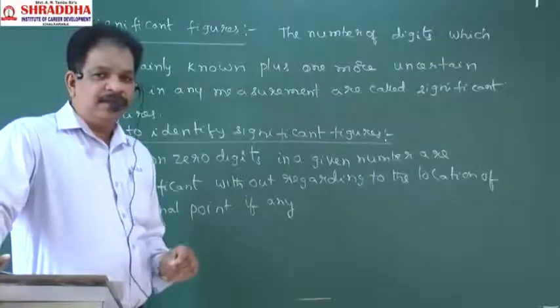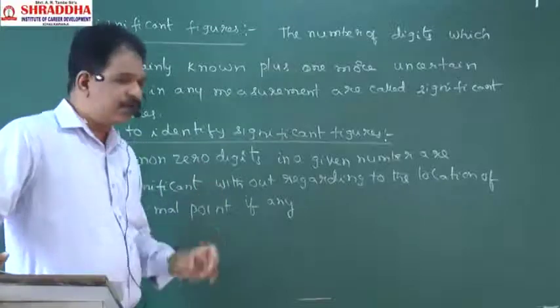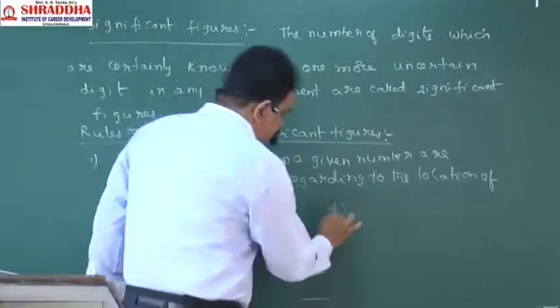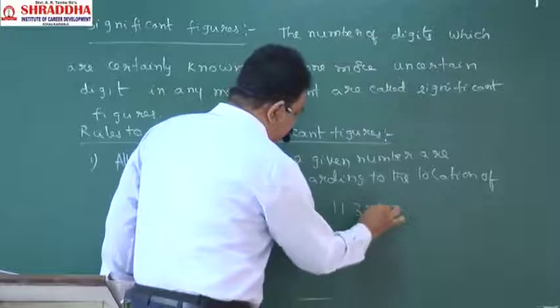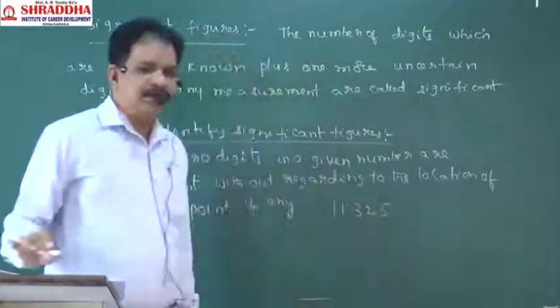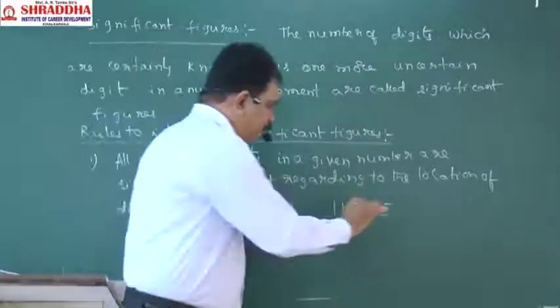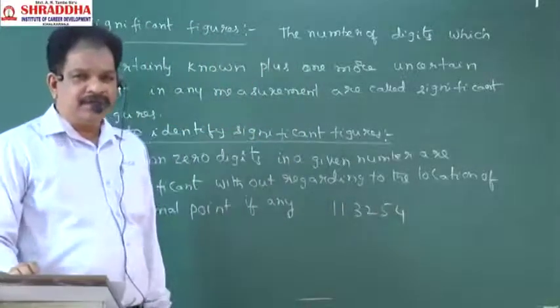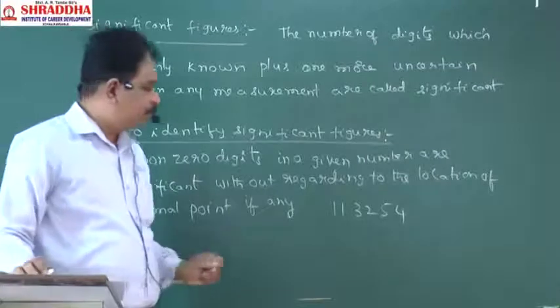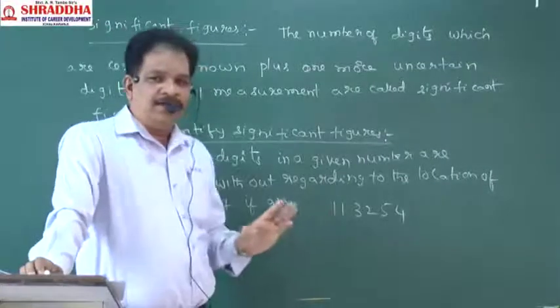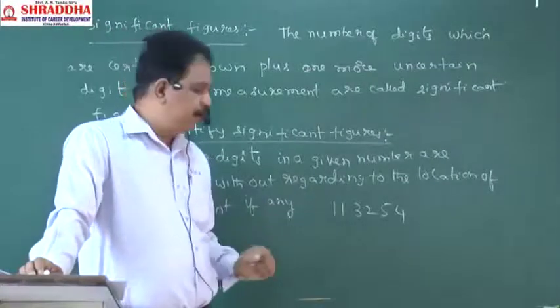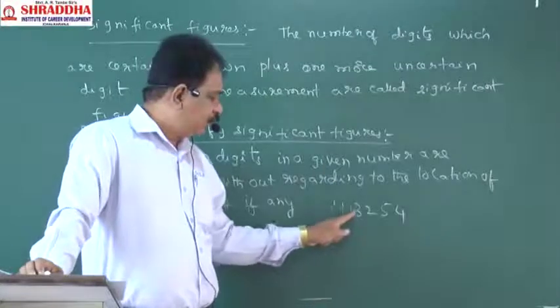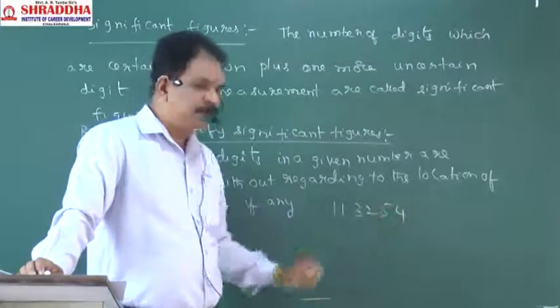What is the meaning of this? Suppose they gave you one number: 1, 1, 3, 2, 5, 4. How many significant figures are there in this number? All non-zero digits will be significant. 1, 2, 3, 4, 5, 6.